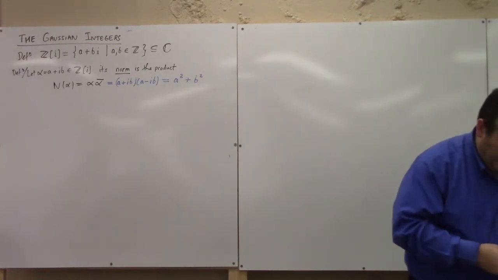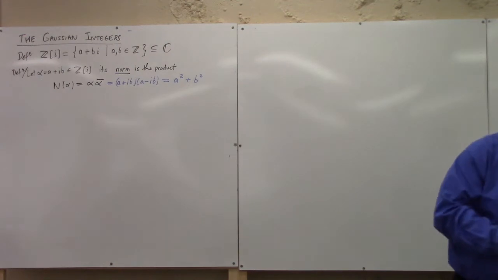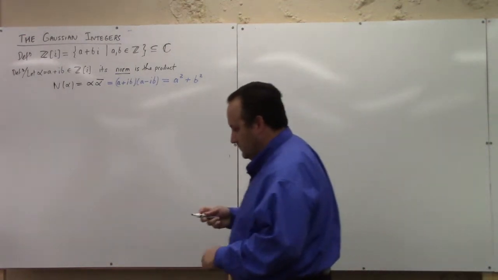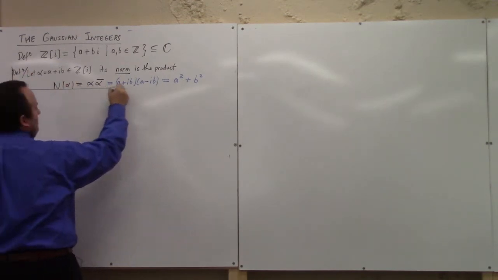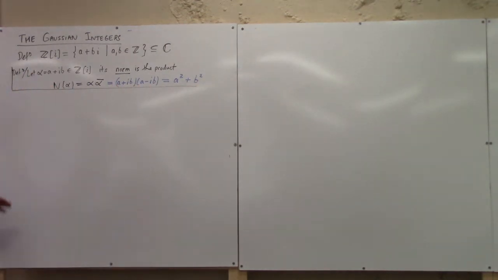When I first taught number theory, it bothered me that they called this a norm, because this use of the word norm is at odds with the use of a norm in linear algebra. There's no linearity here. It's actually pretty nonlinear.